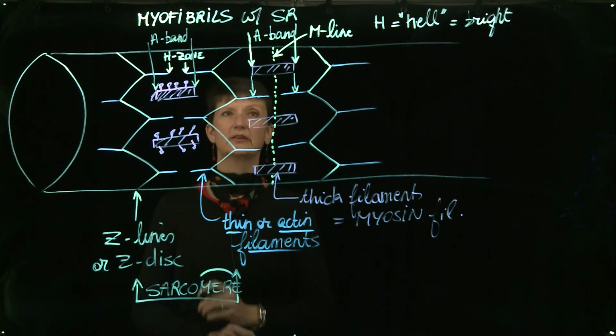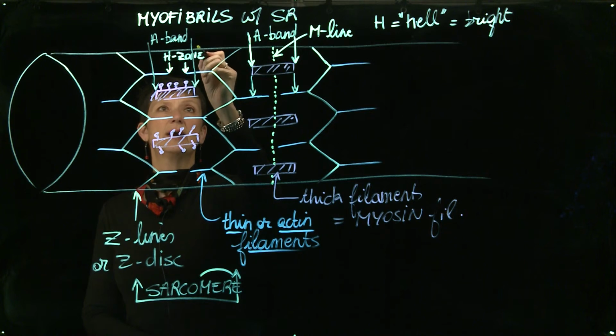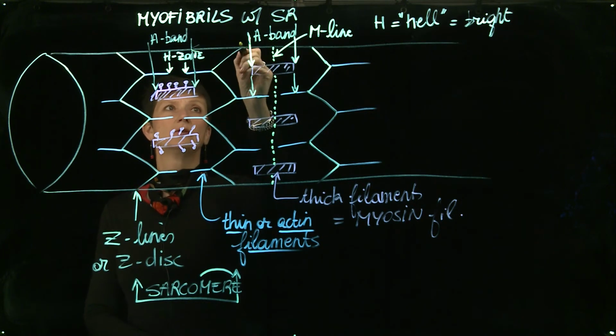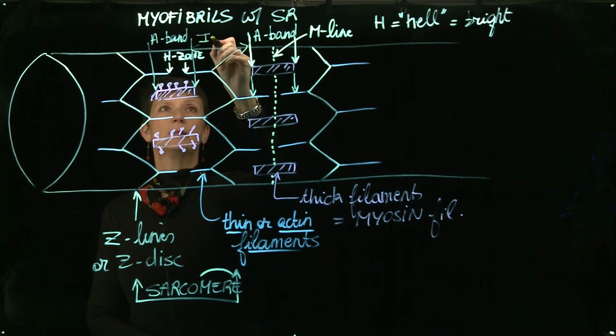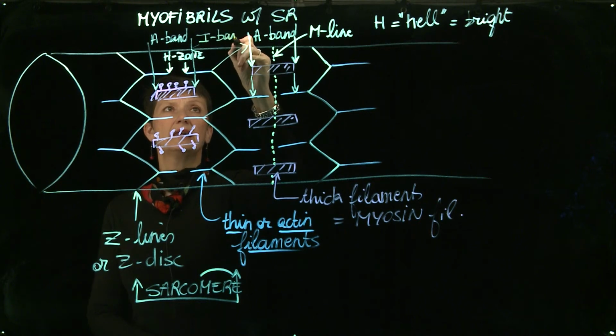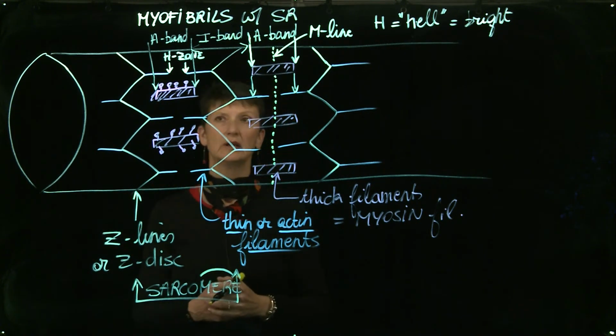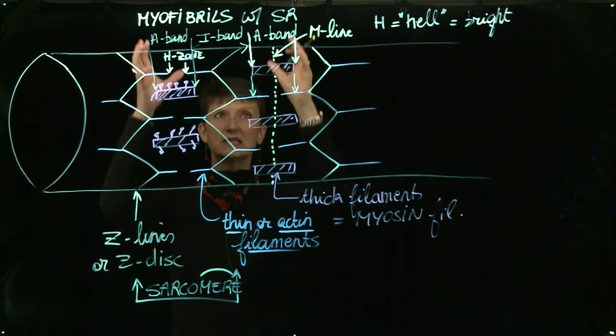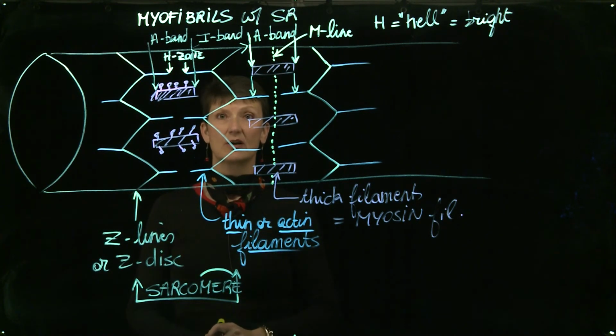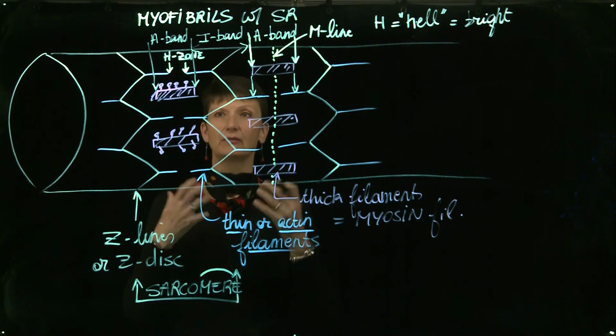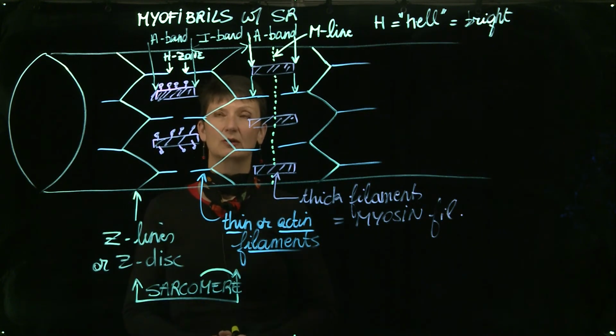In between consecutive A bands, we have the I band. So from here to there, we call the I band. The A and the I stand for words that relate to photography and how these particular regions of our sarcomere reflect light under a microscope.